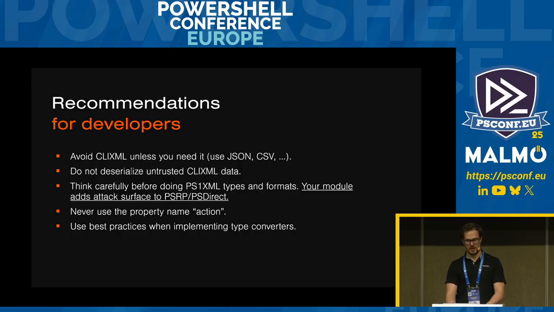But if you're defining types, make sure that you're doing it in a good way, and not doing anything that can be abused in this way. And I guess never use the property name Action, because, like with script blocks, it can execute code in really weird situations. And then, of course, avoid the known bad type converters like BinaryFormatter, and there are quite a few of those that are not recommended to be used anymore.